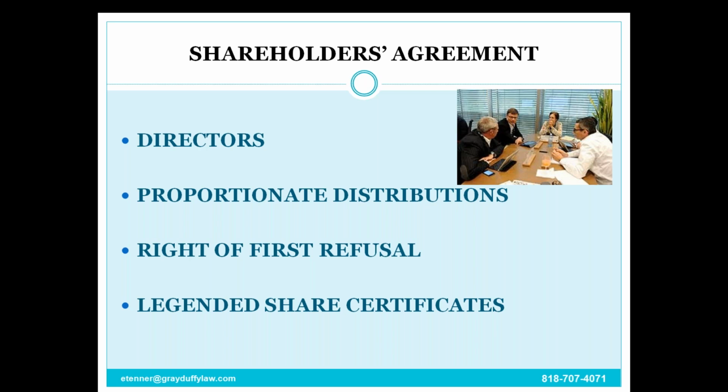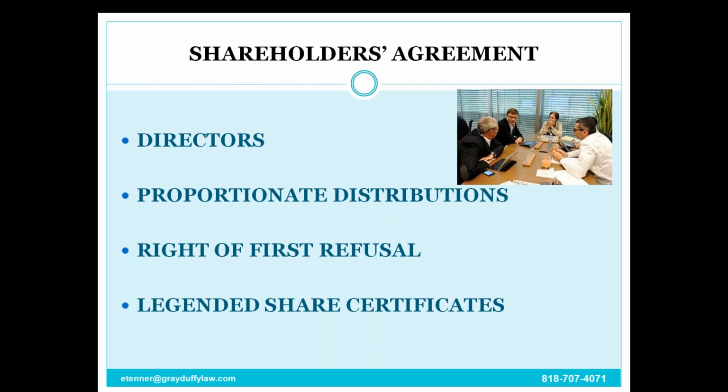So the way you protect that interest from being transferred to a third party is you give the other owners a right of first refusal to buy the interest if an owner enters into an agreement to sell with somebody else. And that's always in a shareholders agreement. It can also be in a partnership agreement or an operating agreement, but it has to be in a shareholders agreement if you want to restrict the right to transfer.